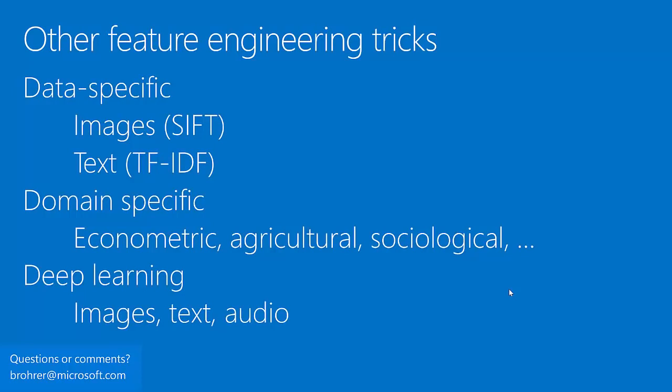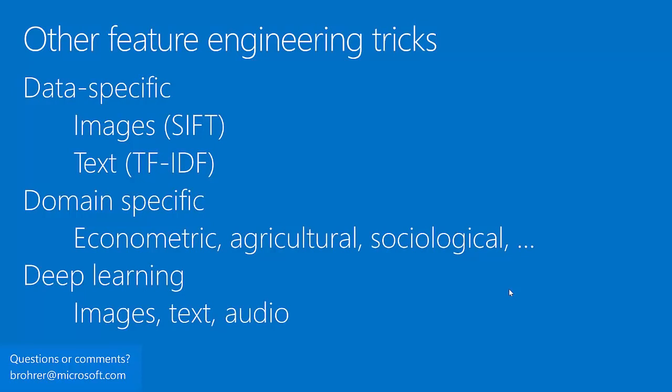There are other domain-specific feature engineering tricks depending on whether you're working in economics or agriculture or sociology. Different things matter, and sometimes you have to take what you measure and do some tricks with it before you get to the thing that matters.